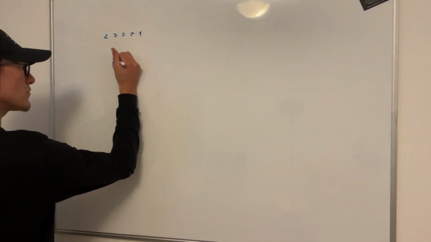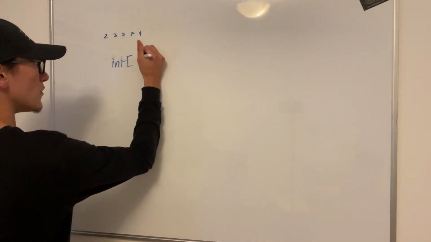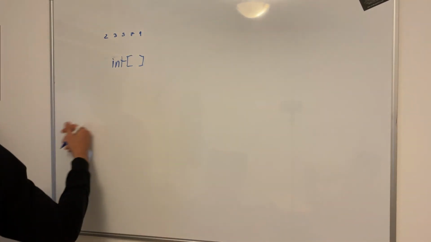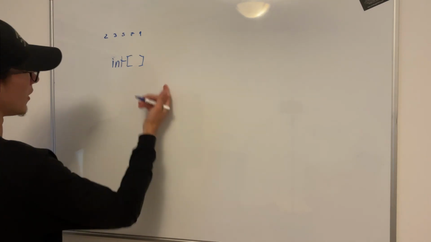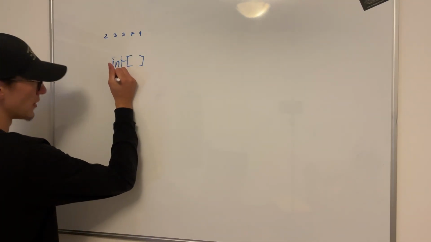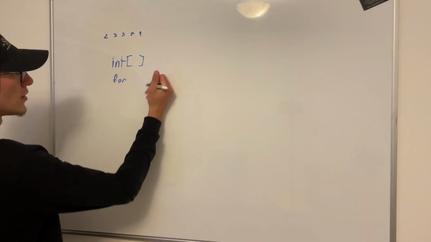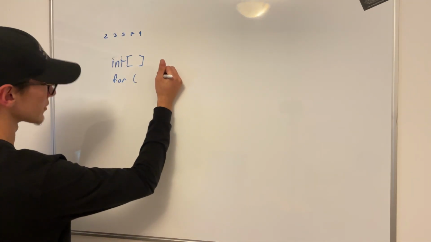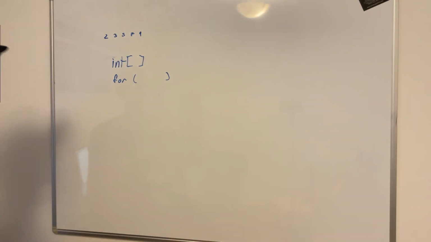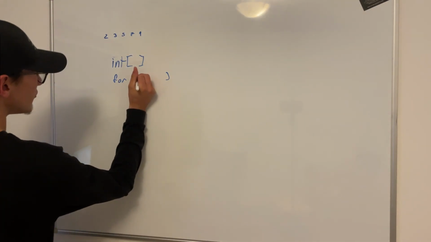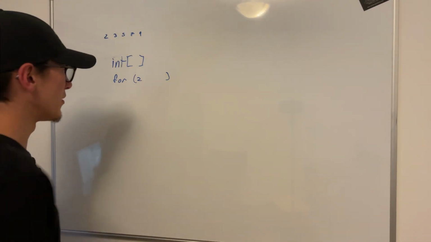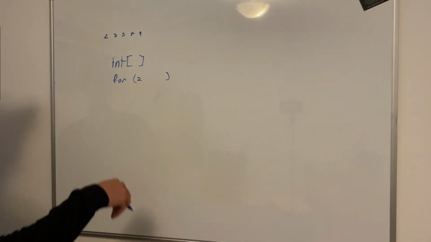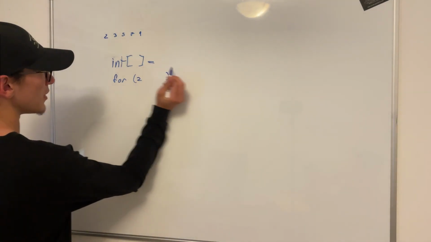Right, so we have an array of integers. Into that array, we can just do a for loop, and we can arbitrarily set some numbers.